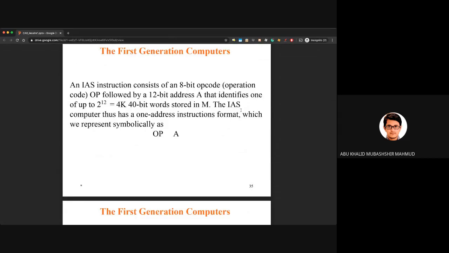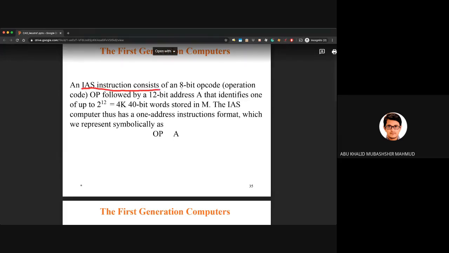Now here we see the important bits of the IAS computer. The IAS instruction consists of an 8-bit operation code, or opcode, followed by a 12-bit address A that identifies one of up to 2 to the power 12, or 4K, 40-bit words stored in M. M is the main memory.